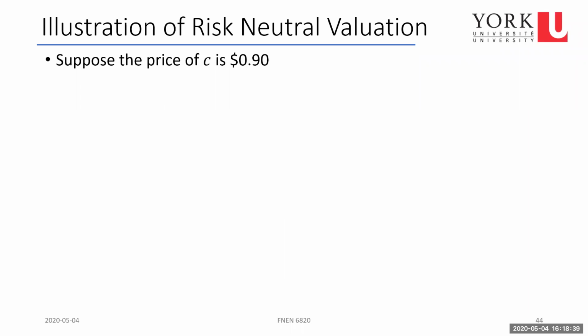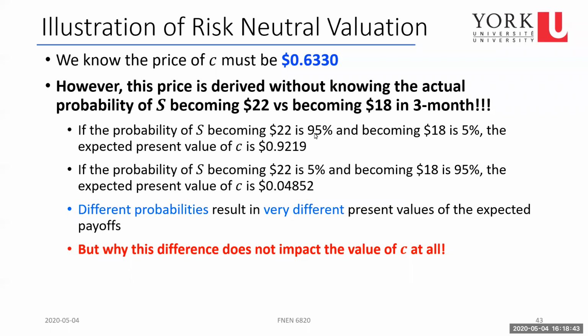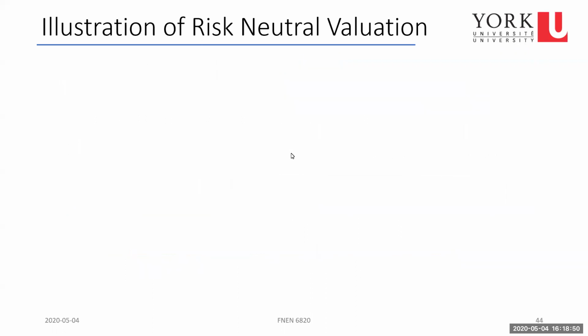Well, suppose you think there's a very high probability of the stock going up to 22, and say in the market the price of C is 90 cents. So what's going to happen?